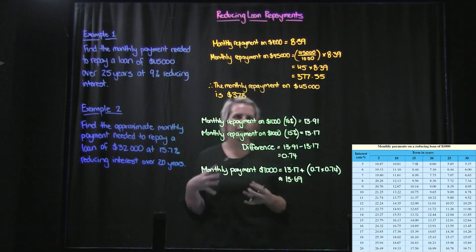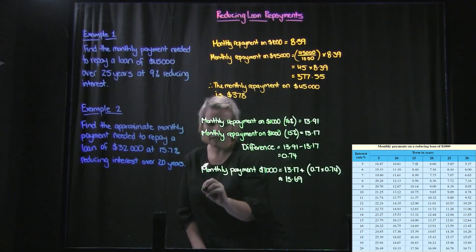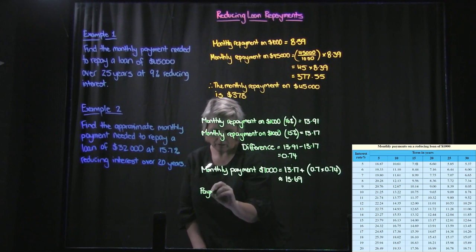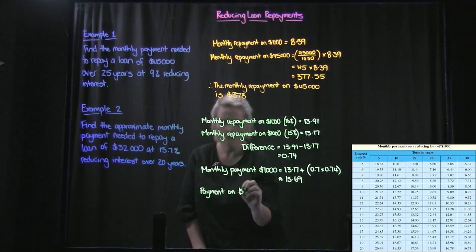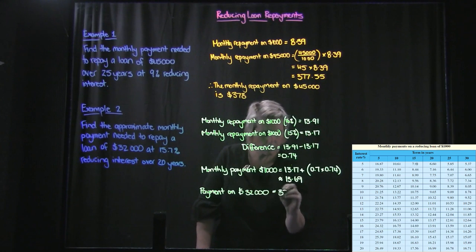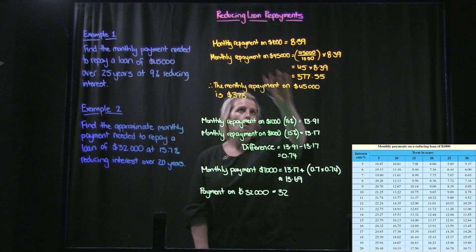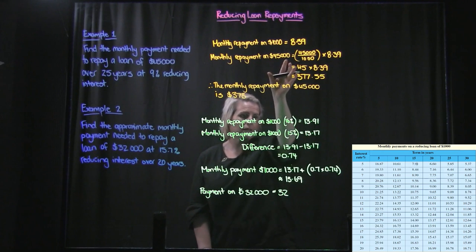Seems to be a kind of check for reasonableness. That seems a reasonable amount. So then my payment on 32,000 is going to be 32 lots of, because remember up here, once we found out, this is the amount on $1,000, just like we did up here, we just had to do a little bit extra to find that amount.